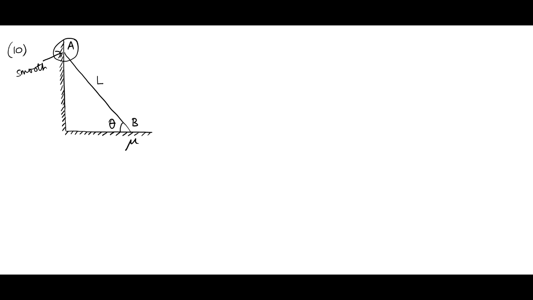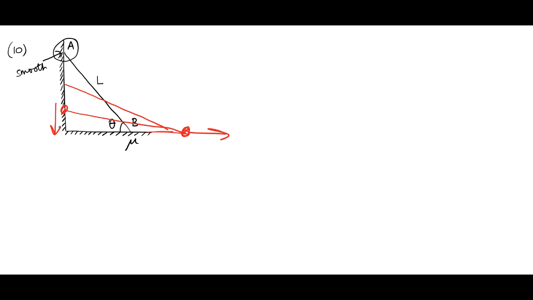Now your intuition will probably tell you that if you keep the ladder at a smaller angle of inclination, that is, you decrease the value of theta, you go on decreasing it, finally a stage will come when the ladder will slip. That is, the lower end of the ladder will slip towards the right, and simultaneously the upper end of the ladder will slip down.